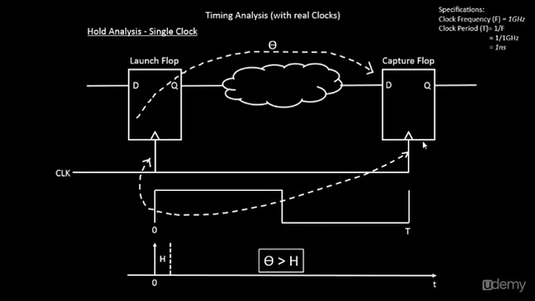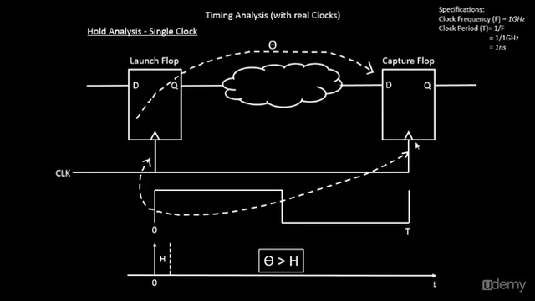Now the capture flop doesn't want to receive any kind of data while it's processing the data which is already present over here. While it is in the process of sending the data which is present somewhere in the middle to the outside world, during that time the capture flop doesn't want to accept any data.